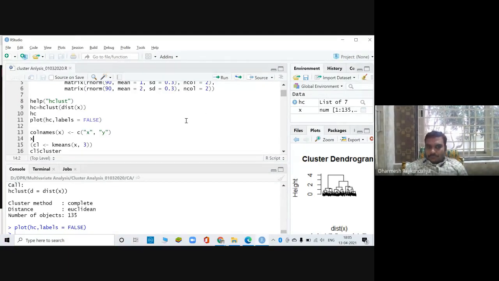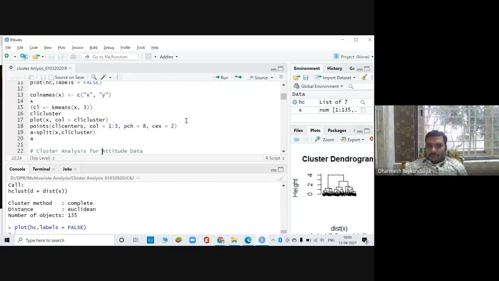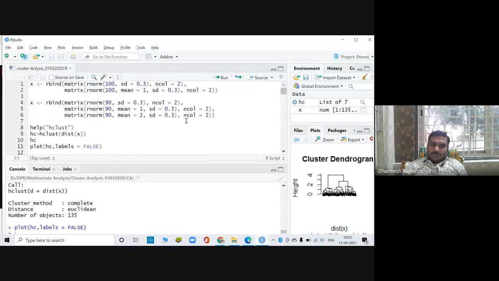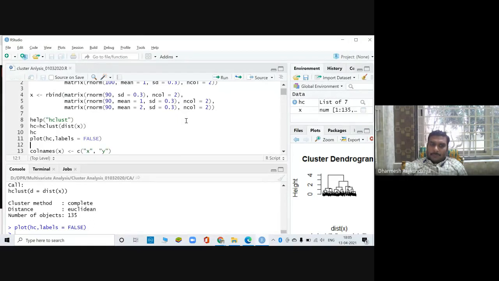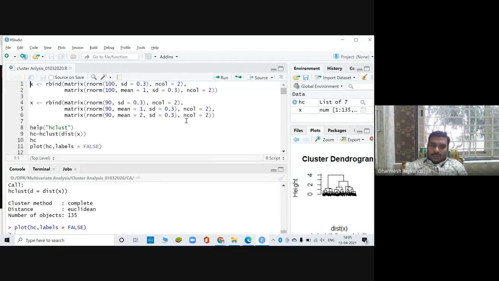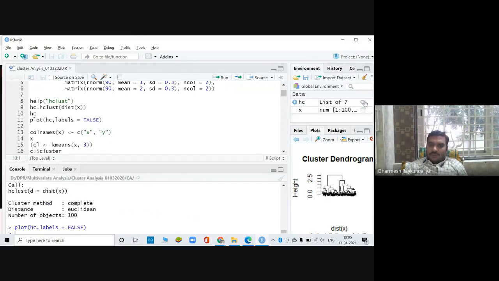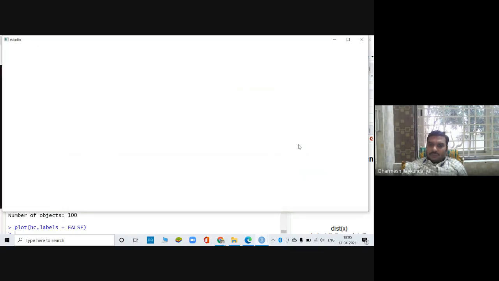Let us go on. If I wish to make the plot of this, I will show you with the same data. I will take this again to find the clustering solution. How many clusters are there?